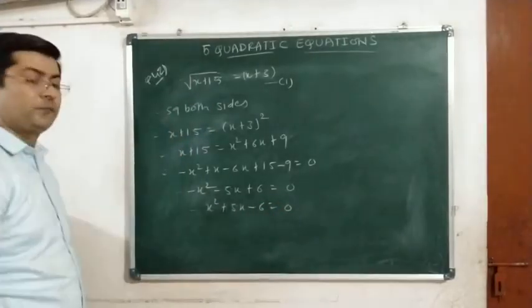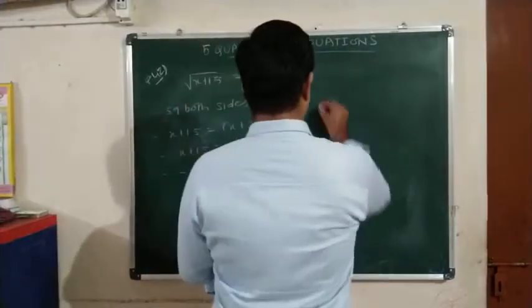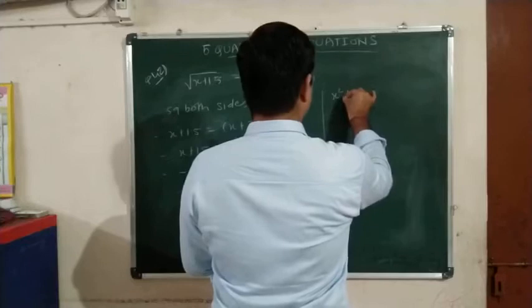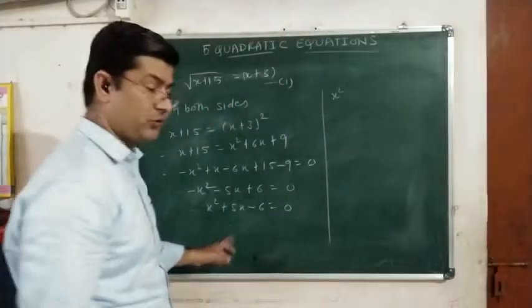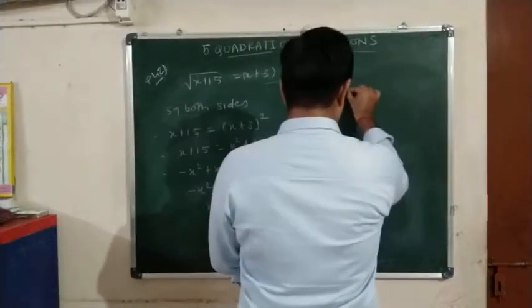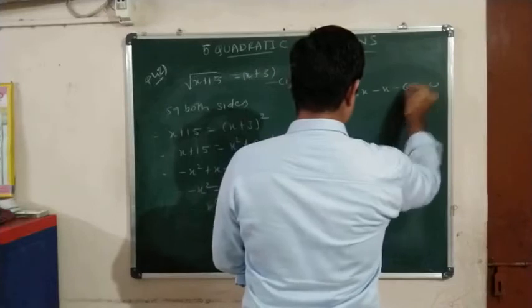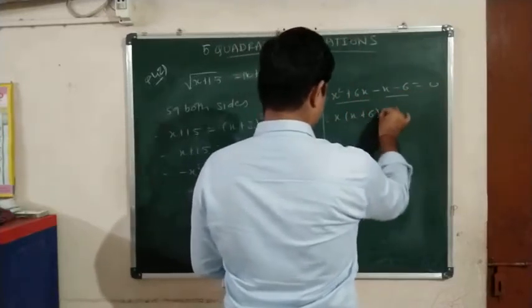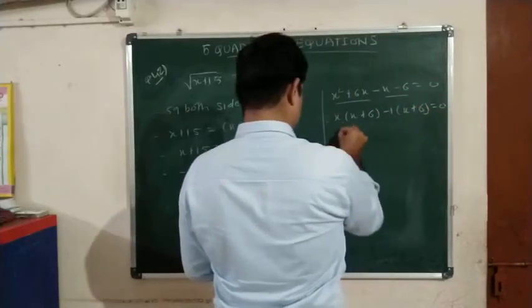Now 3 2s are 6. So x square, 6 1s are 6, since the difference we want to be 5. So x square plus 6x minus x minus 6, x common, x plus 6, minus 1 common, x plus 6.